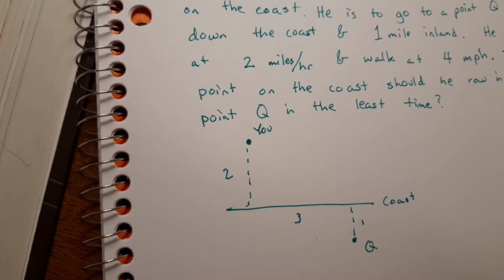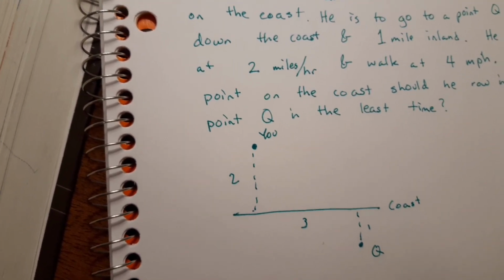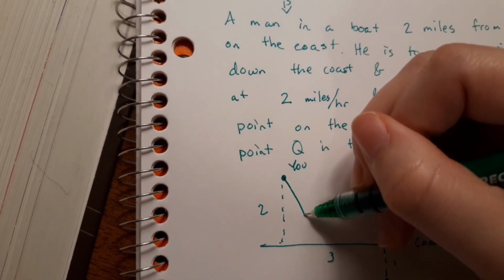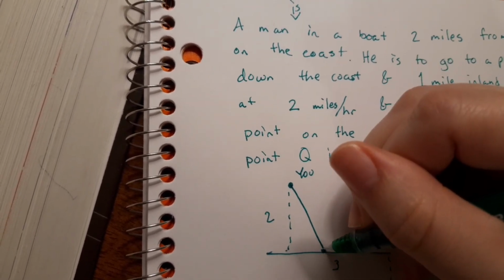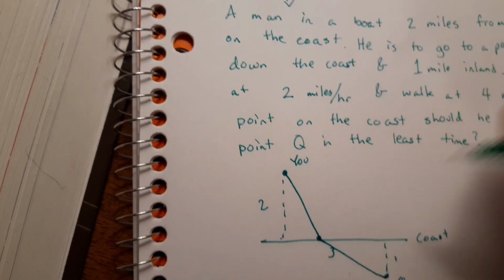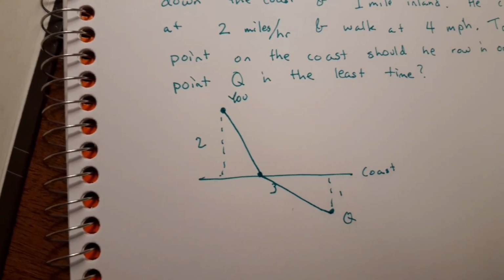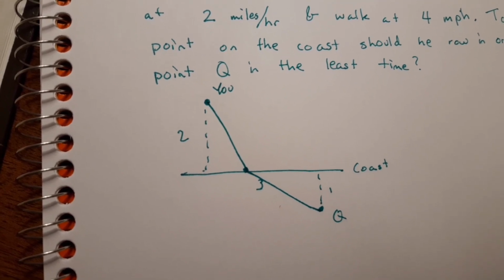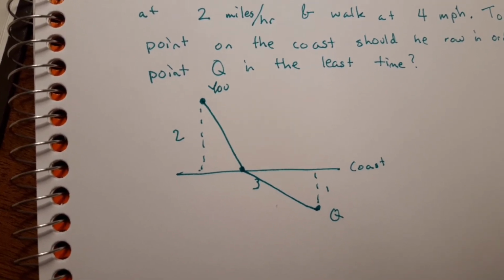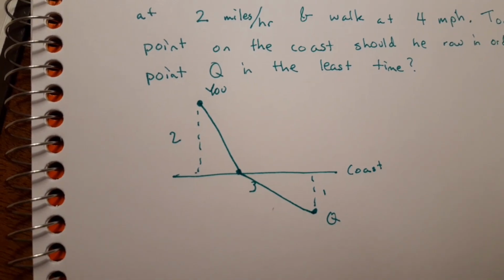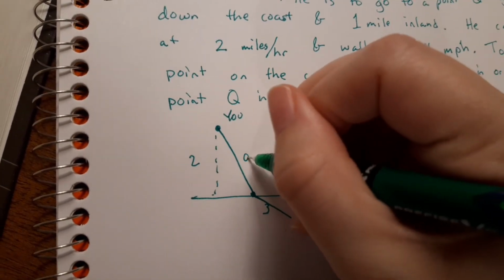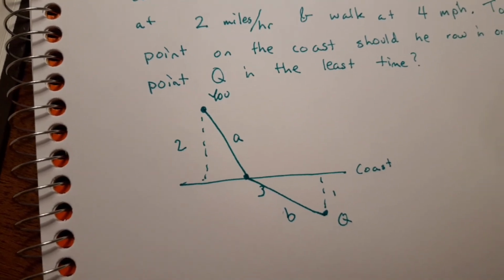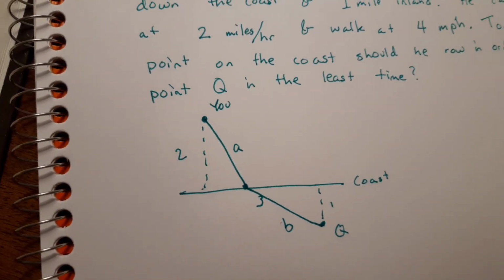The path you would take would be something like this: you would row at an angle and then walk at an angle. What we want to do is minimize this distance and this distance.